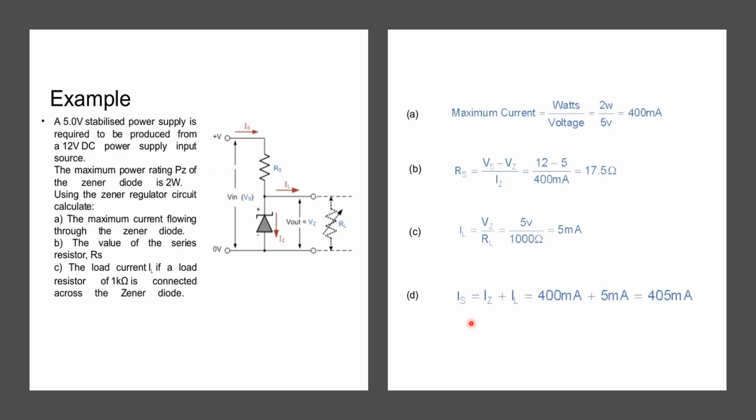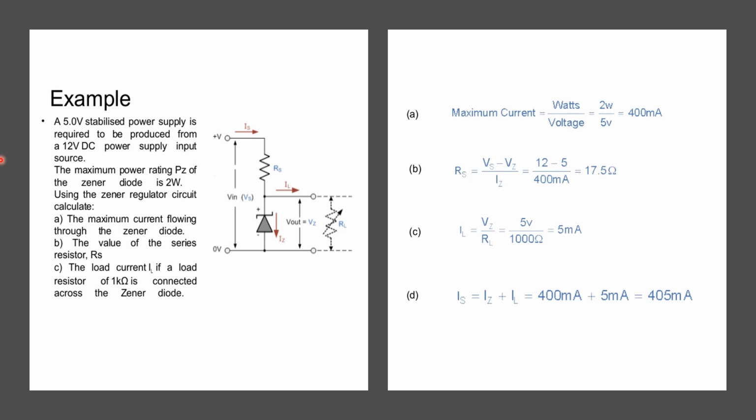Now we will calculate the total current, that is the sum of the individual currents of the load and the Zener. The Zener current is 400 milliampere as we calculated first, and the load current is 5 milliampere, total 405 milliampere. The input voltage is 12 volts and the output voltage is 5 volts. The input current drawn by the circuit is 405 milliampere, that means about 0.4 ampere.